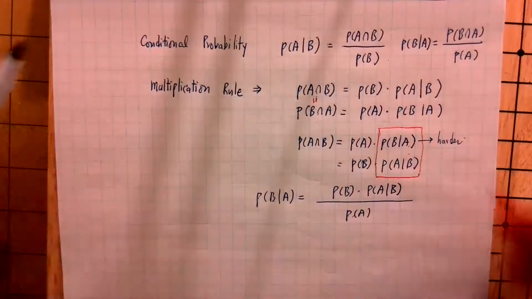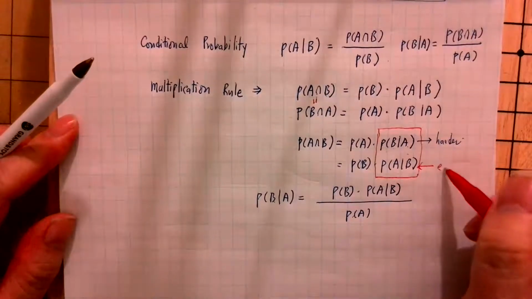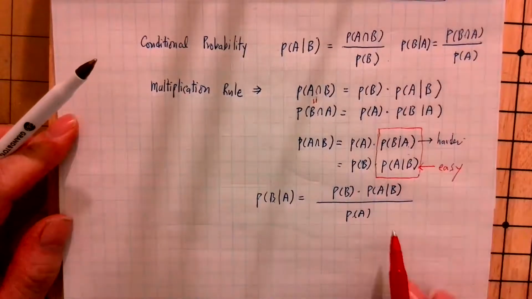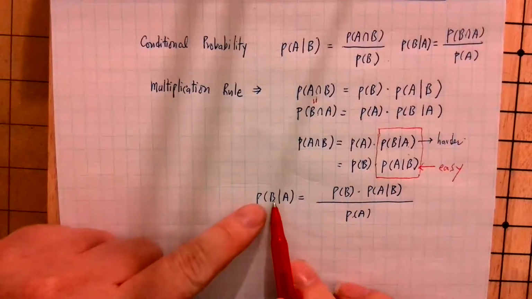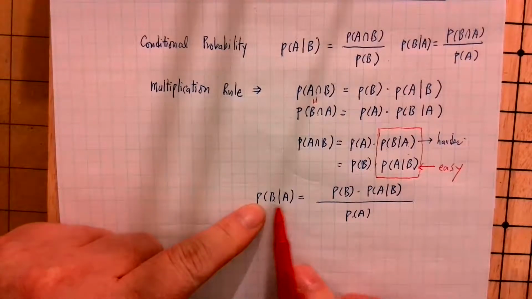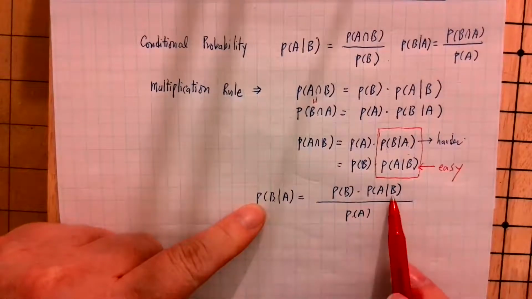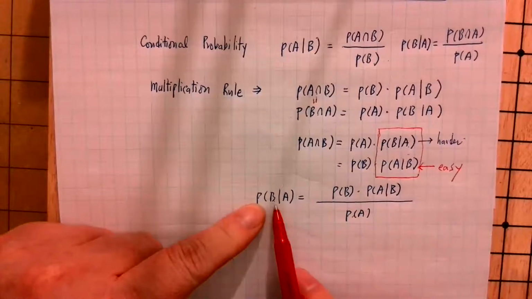Say this is an easier conditional probability and this is a harder one. To find the harder conditional probability through the easy one, you can evaluate the harder one, okay?